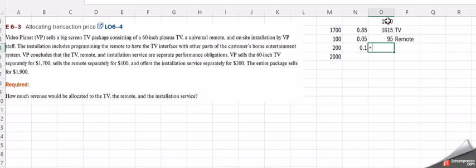And if we take the 10% and multiply that by the package price, the installation is going to be $190. So that's how we would break it apart. Again, we go to the purchase-alone price, come up with the total, figure out what percent each component is of that total, and then apply those percentages to the package price.